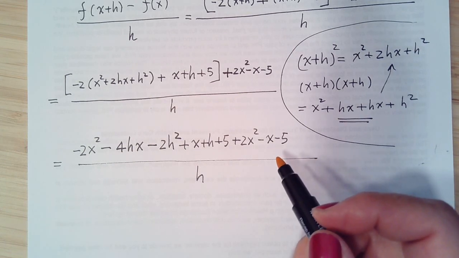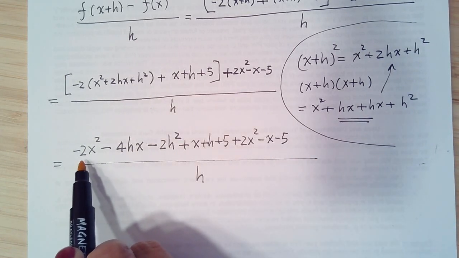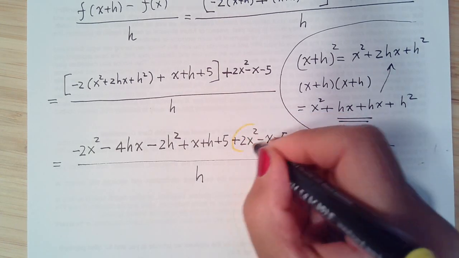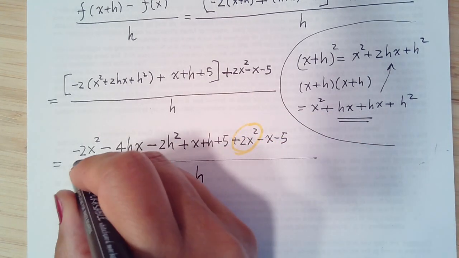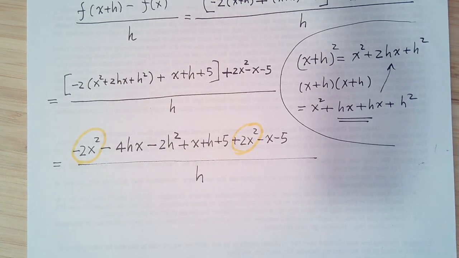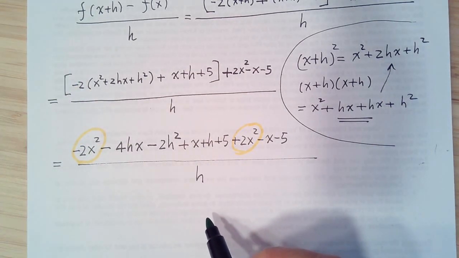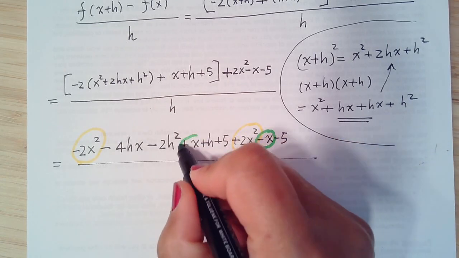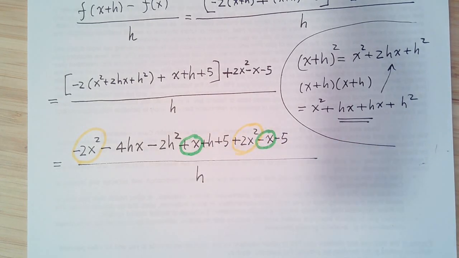There are a lot of things that get canceled. Like a negative 2x squared and a positive 2x squared; I cross this out. Then I have a negative x here and a positive x here, and that is gone. You agree?